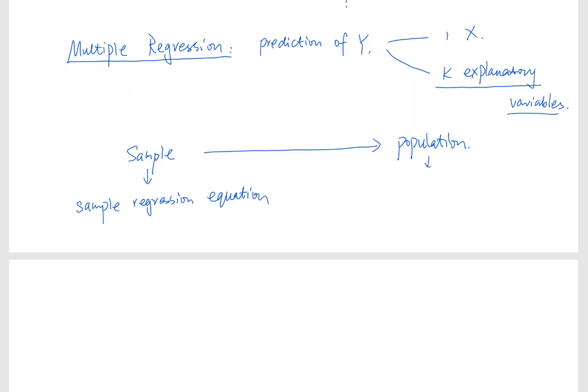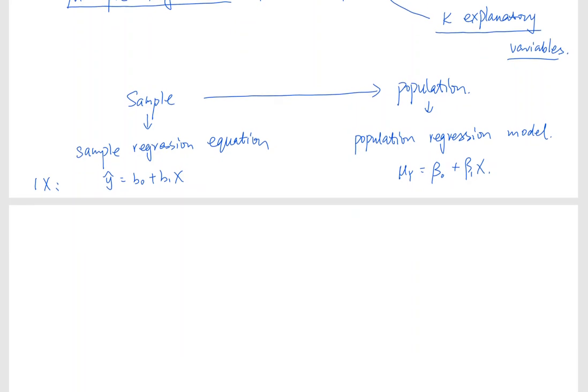For the population, we have the corresponding population regression model. For one explanatory variable, in the simple regression, we have y hat equals b0 plus b1x. Correspondingly, for the population model, we have mu y equals beta 0 plus beta 1x, right?